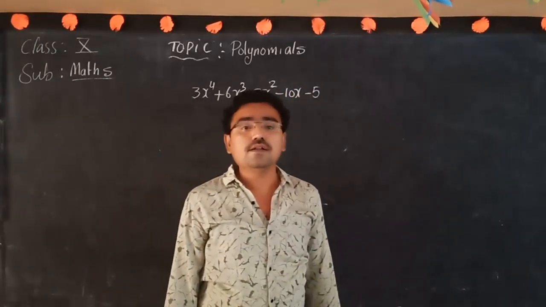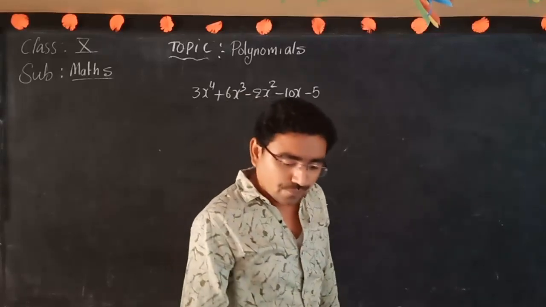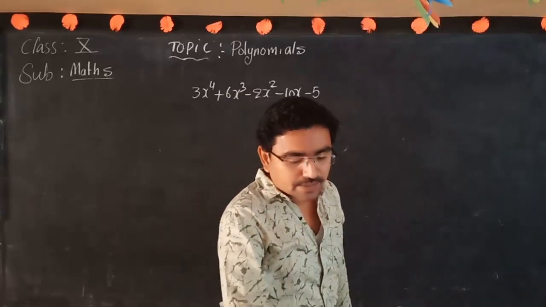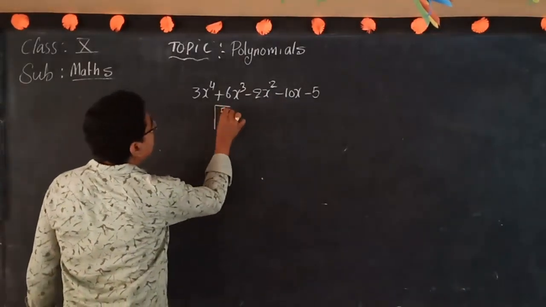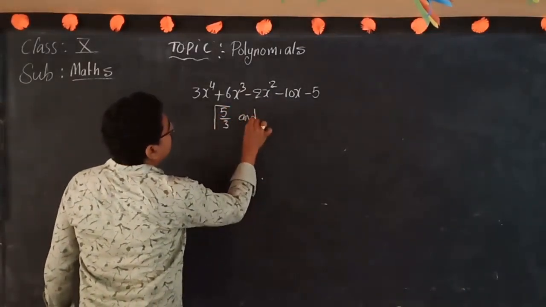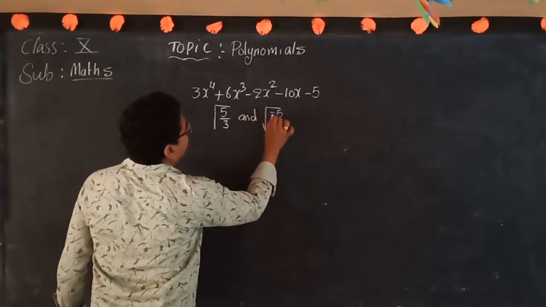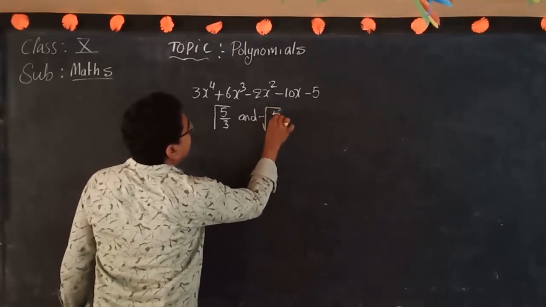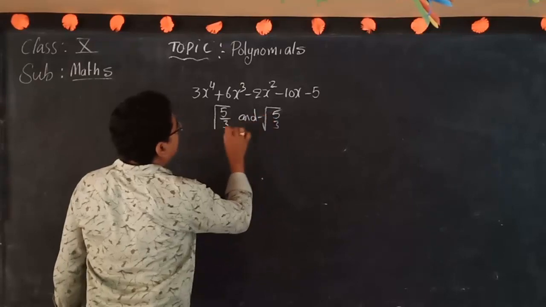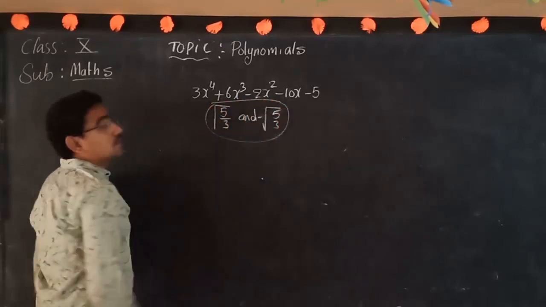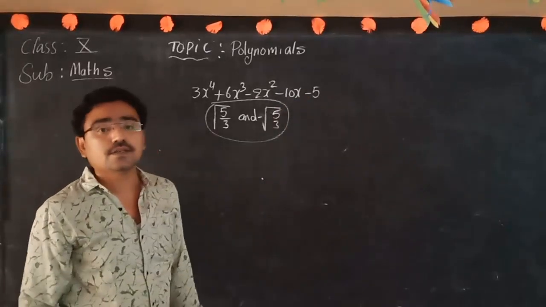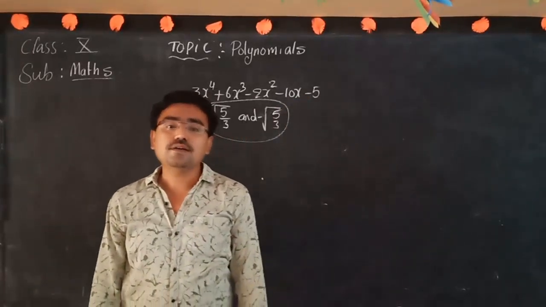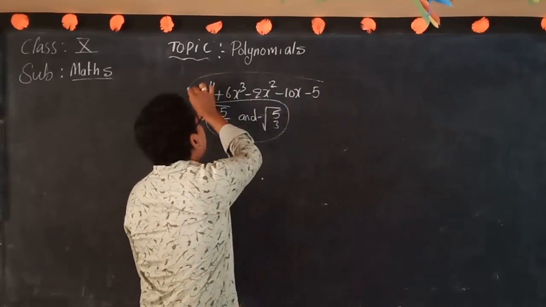Find all zeros when root of 5 by 3 and minus root of 5 by 3 are the zeros of the polynomial. These two are the zeros. What are we asked? The other zeros of the polynomial.